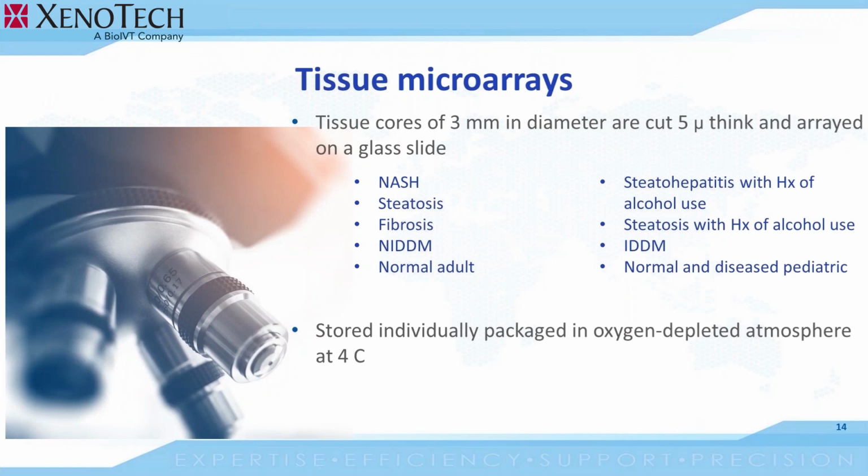We also have additional control slides in the form of a normal adult for baseline studies or characteristics. As well, we have a normal and disease pediatric array. To prevent tissue degradation, arrays are packaged individually in an oxygen-depleted atmosphere at 4 degrees.